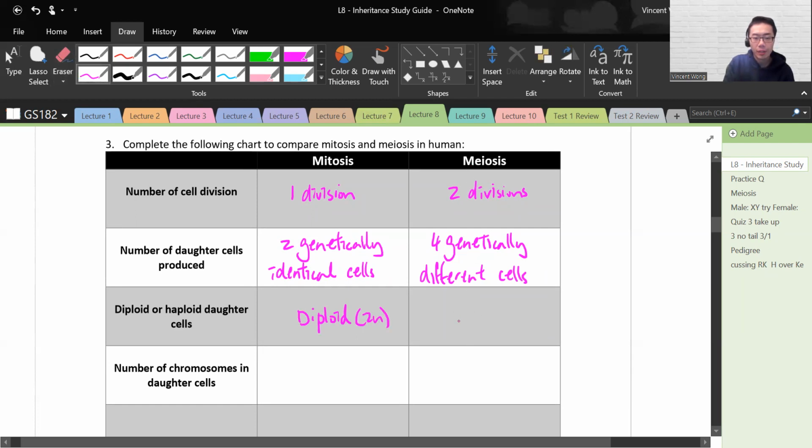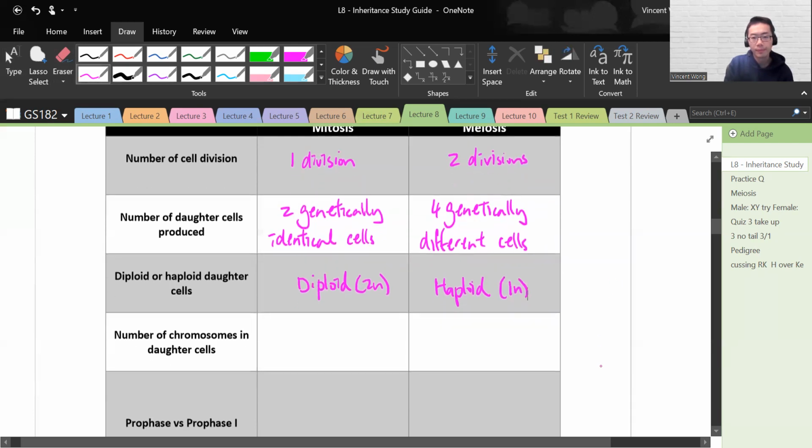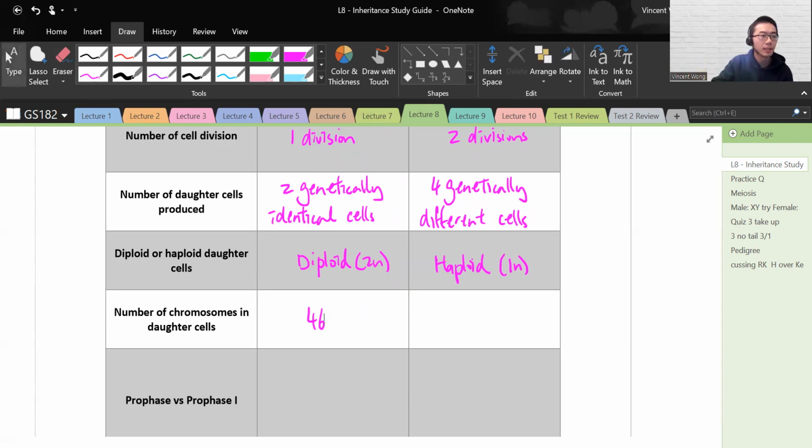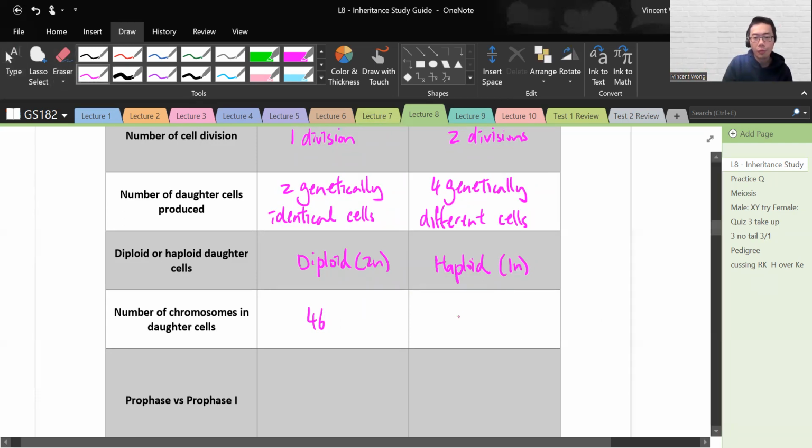And for meiosis, we are going to have haploid cells, 1 set. Number of chromosomes in daughter cells: 46, the same as the starting one. And for meiosis, it will be 23.